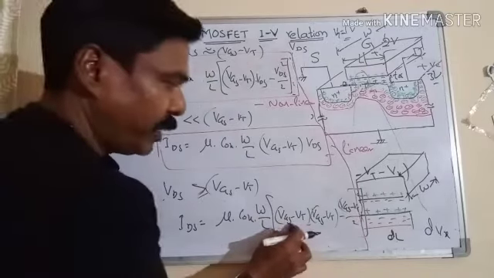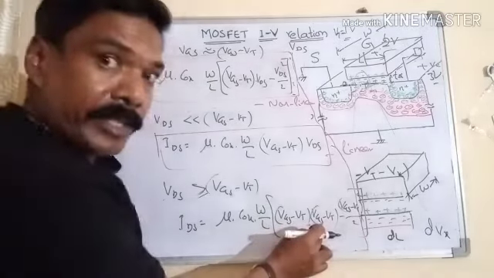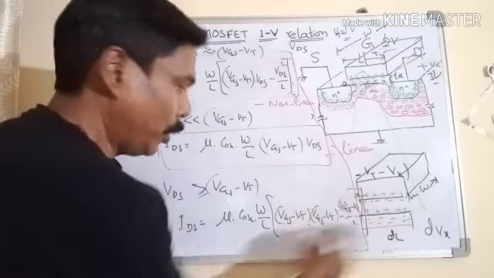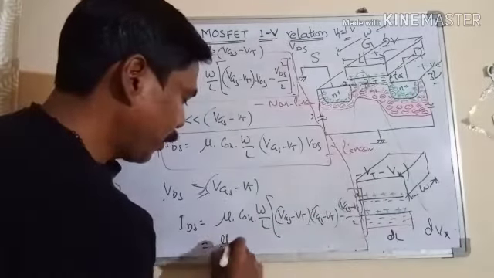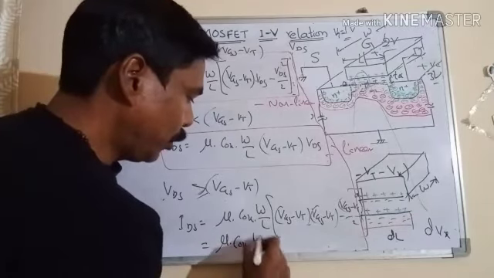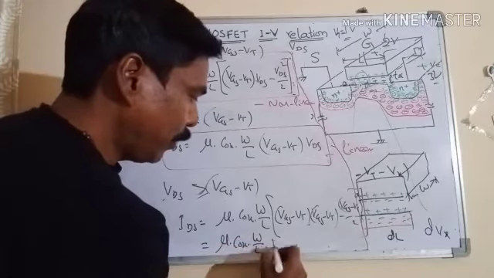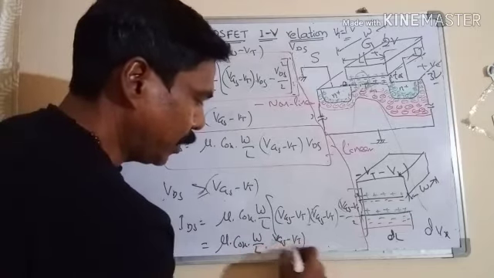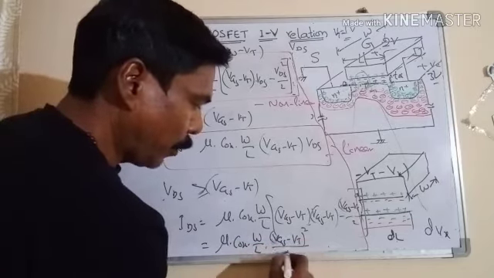So now VGS minus VT into VGS minus VT, minus VGS minus VT whole square upon 2, will be mu Cox into W upon L into VGS minus VT whole square upon 2.